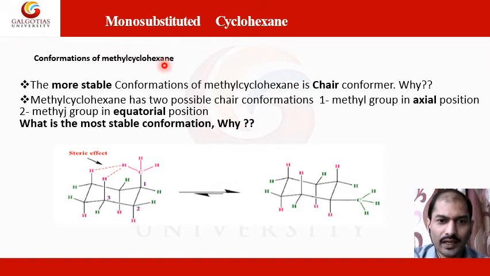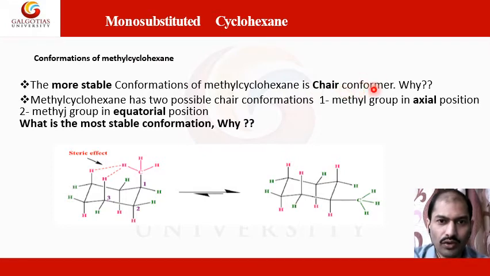In those individual forms, their stability is very important, like the boat form and chair form, which are the two major forms. If you remember from our earlier lecture, the different forms have different energy, and that decides the stability of the molecule. So here the more stable conformation of methyl cyclohexane is the chair form.